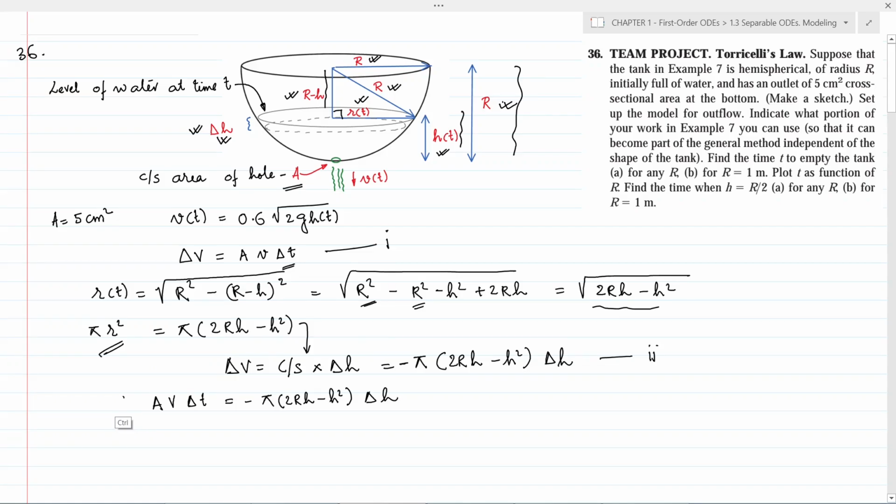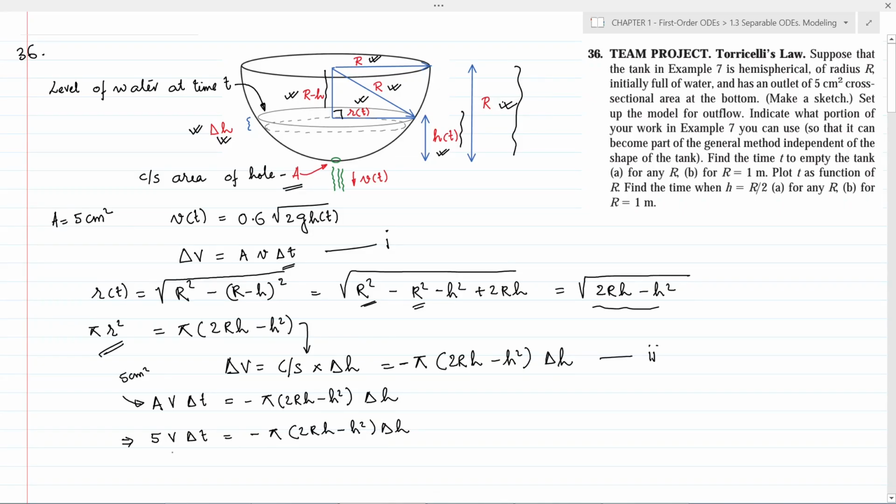Now, we can put the value of A, that is 5 centimeter squared, in here, and we can write 5 V delta t equal to minus pi (2Rh minus h squared) delta h.